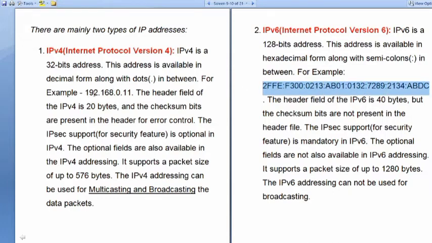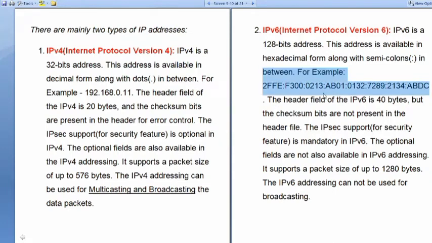The previous one, IPv4, was of dotted decimal notation. Now this one has 8 groups of 16 bits. This is the first group, the second, the third, fourth, fifth, sixth, seventh, and lastly the eighth.